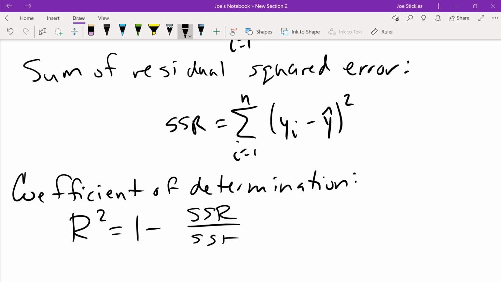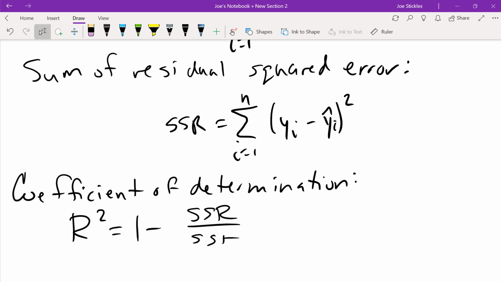What that would tell you is that your y hats are predicting the data perfectly. Where y hat is the prediction for the y sub i. Yeah, I should write that as y sub i hat. I should have a sub on that here.